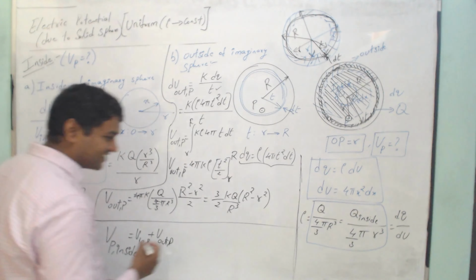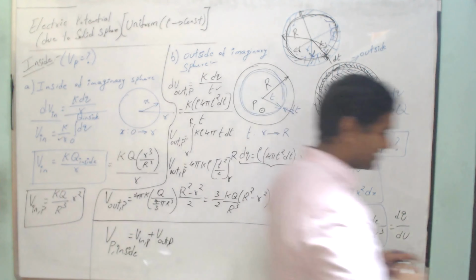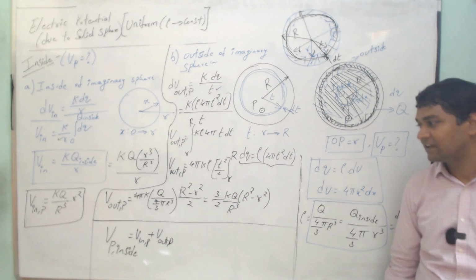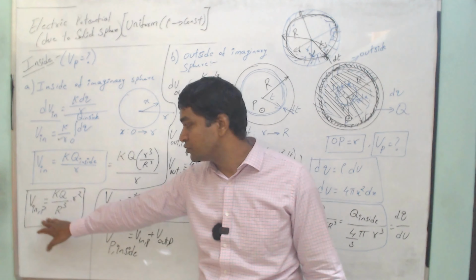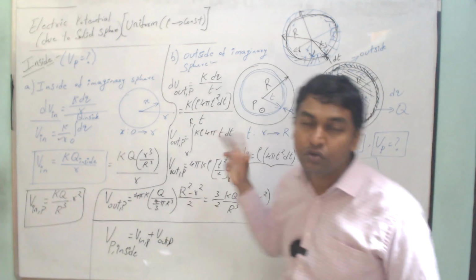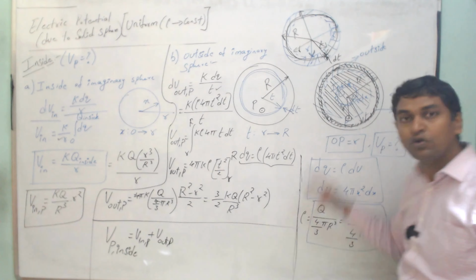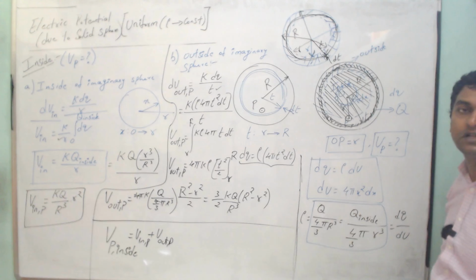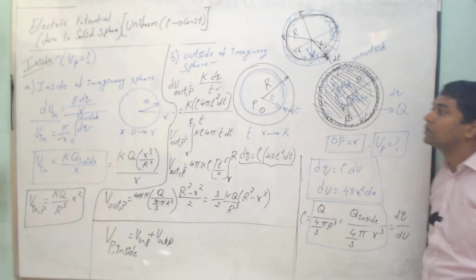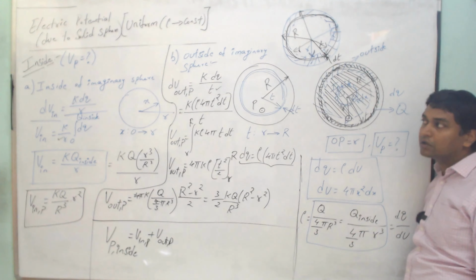Why are we adding, sir? Adding what? These two? This is the potential due to the inner part, and this is the potential due to the outside part. Then why is it potential inside, sir? It should be total.